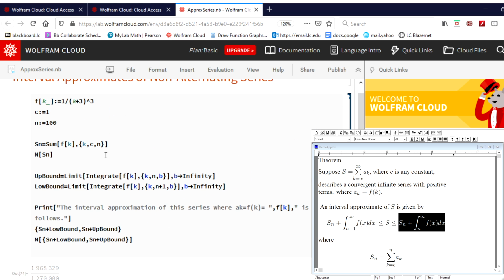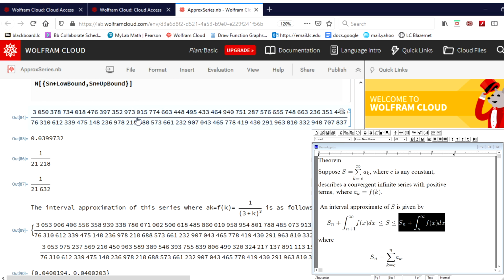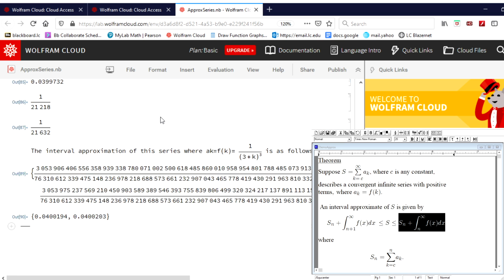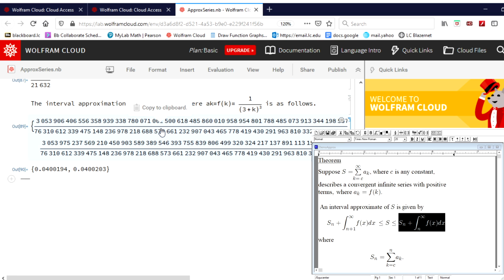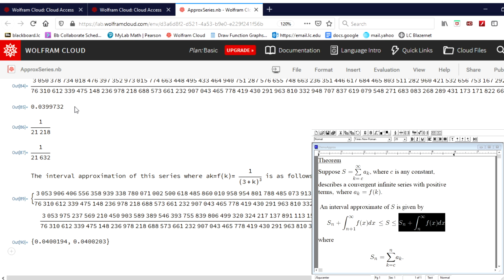Now, I will get some outrageous rationals here. This is certainly an outrageous rational, and when I think about the series as this rational value on the lower bound and this rational value on the upper bound, I do get some outrageous rational values. But with those numerical approximations, here's the numerical approximation of s sub n. This very large rational is equivalent to just this decimal.